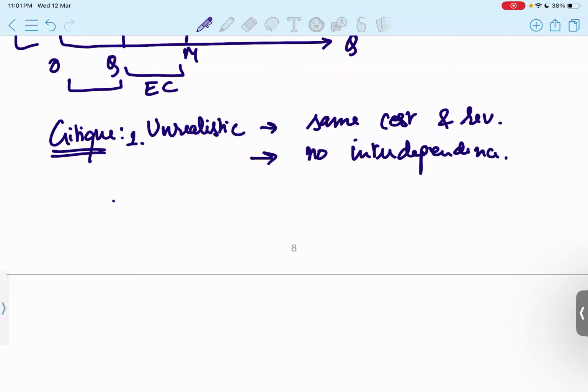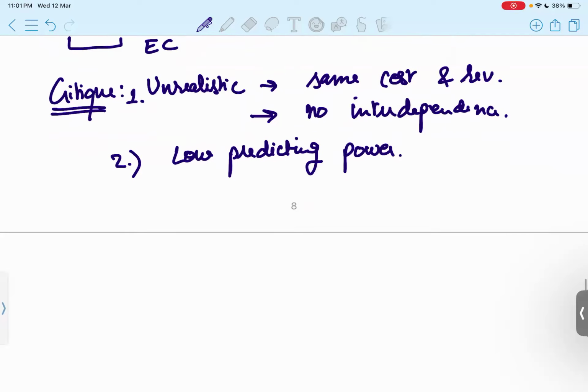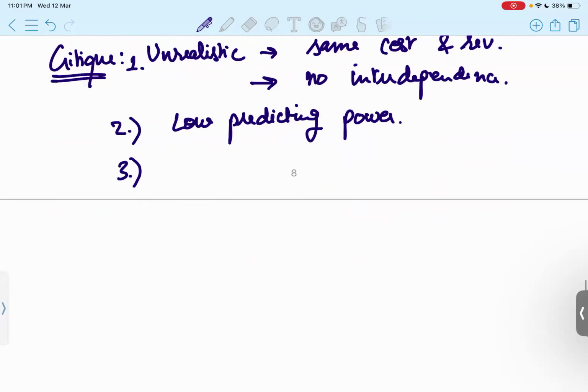Another shortcoming is that it has low predicting power, because we were talking about the perceived demand curve. The power of prediction is seen to not be in sync with real life changes or how things work practically. And empirical analysis also does not point towards real life happenings.